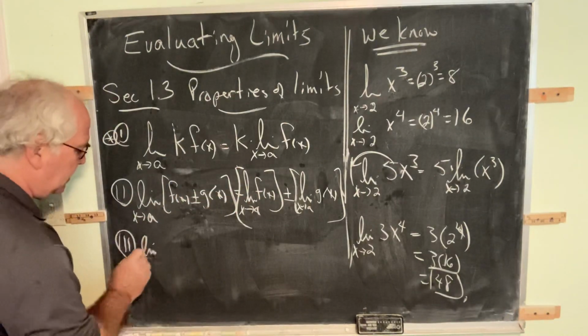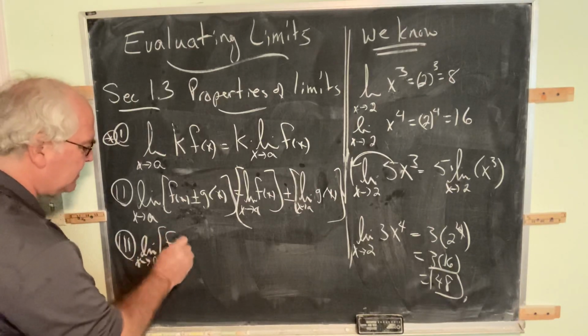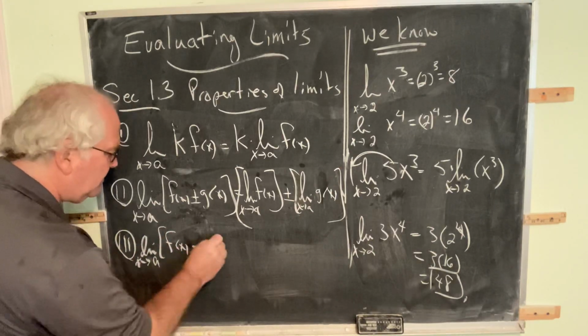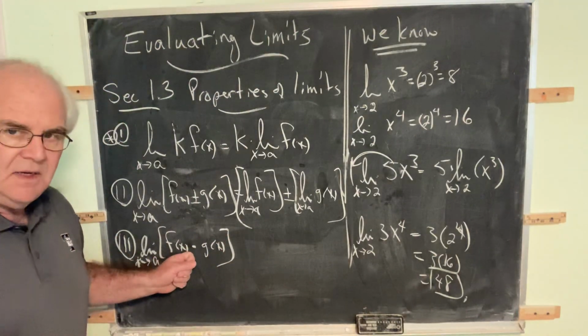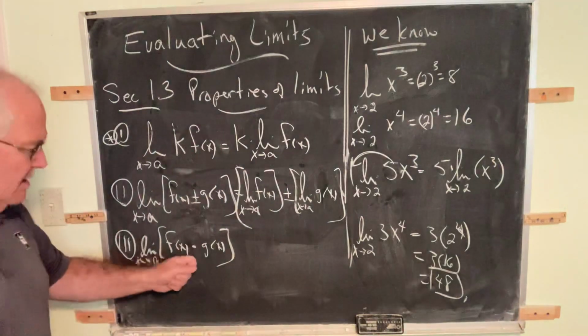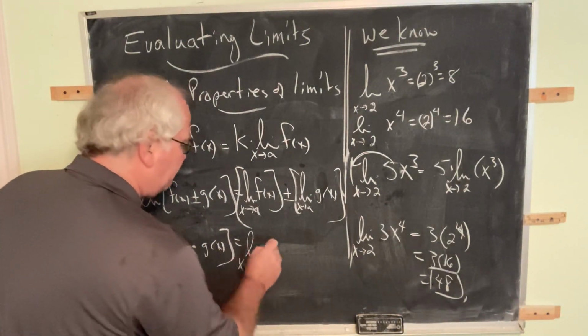Now the next question, and we'll speed this up a little bit now, is f of x times g of x. This is the limit of the product. And yes, it turns out the limit of the product is the product of the limits.